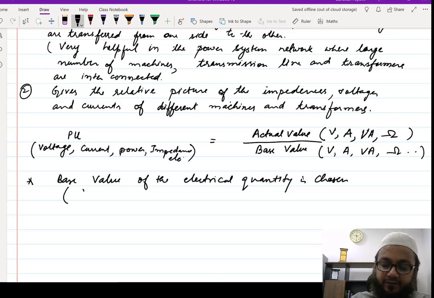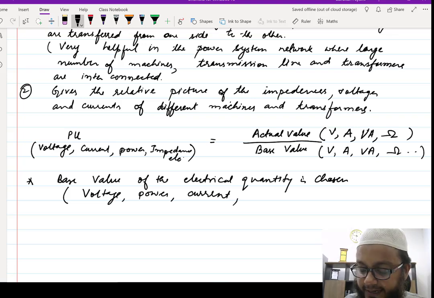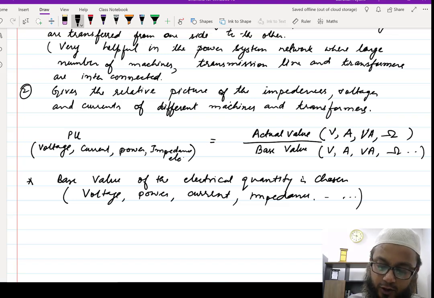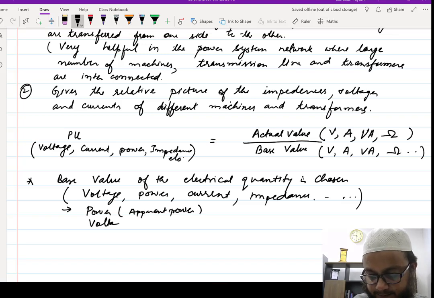Out of voltage, power, current, impedance, and admittance as well, we have to choose any two quantities. Generally power engineers choose the power, meaning apparent power, and the voltage.